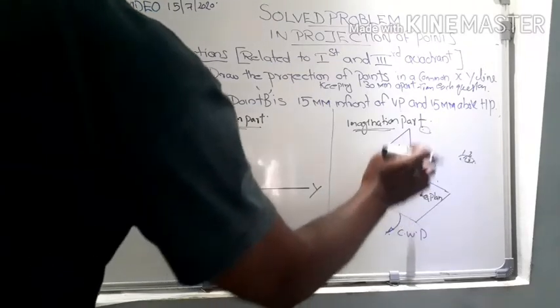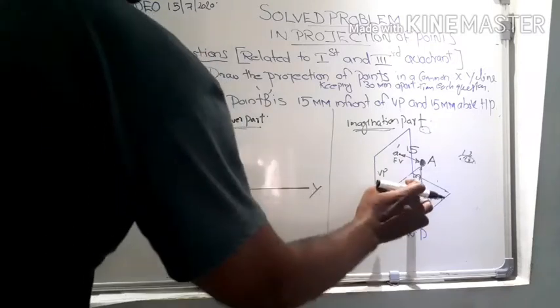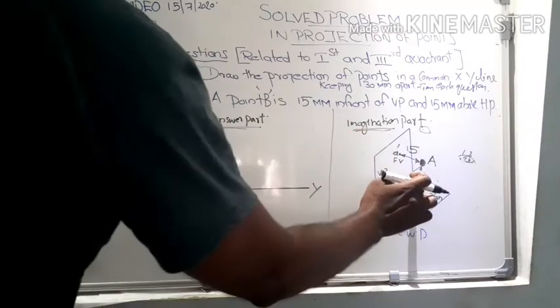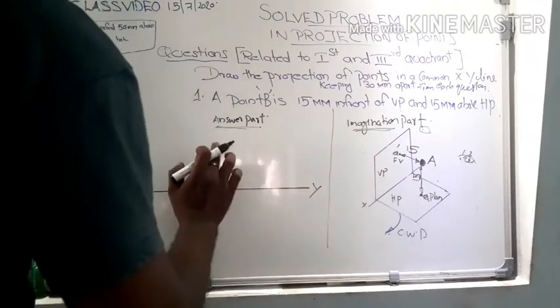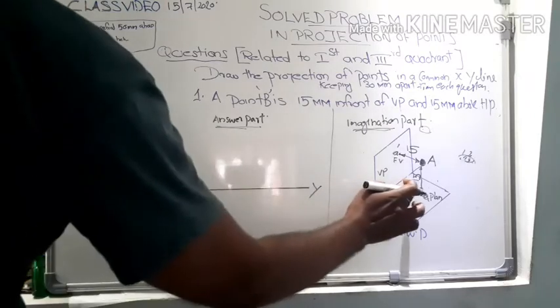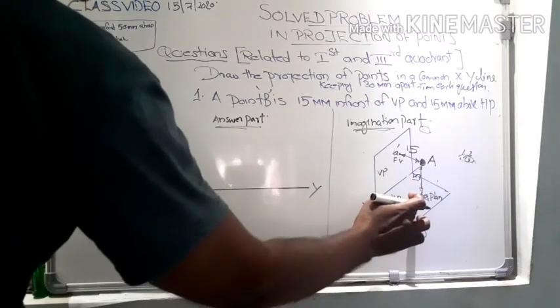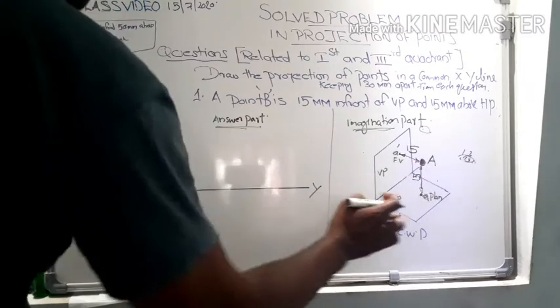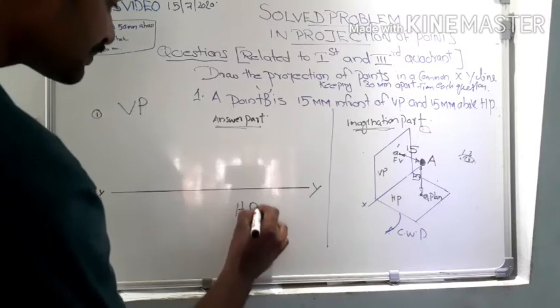Now we have to draw its front view. For that, keeping this 15 mm from the horizontal surface, this area should be marked as VP, and when we rotate the HP in the clockwise direction, HP comes below the XY line, then this surface is marked as HP.